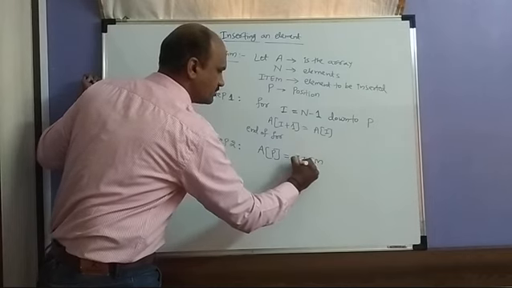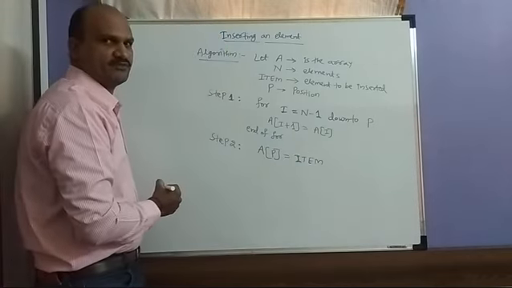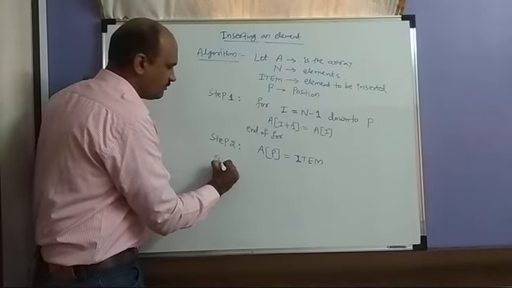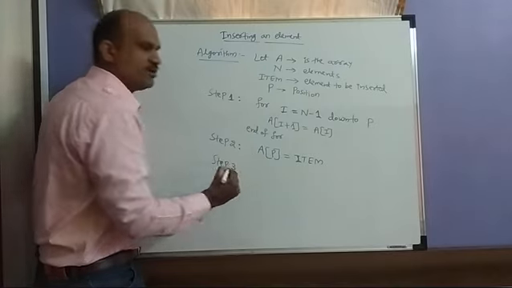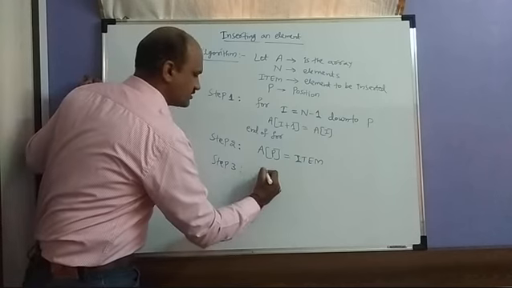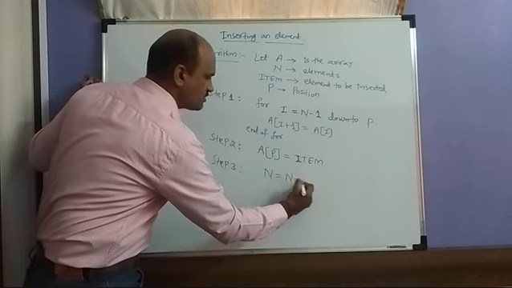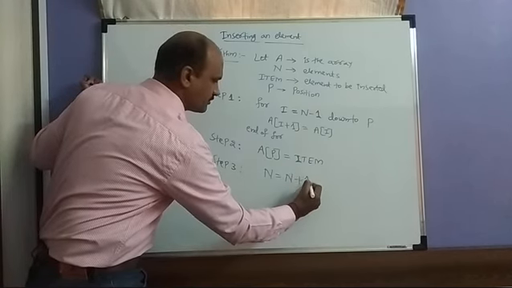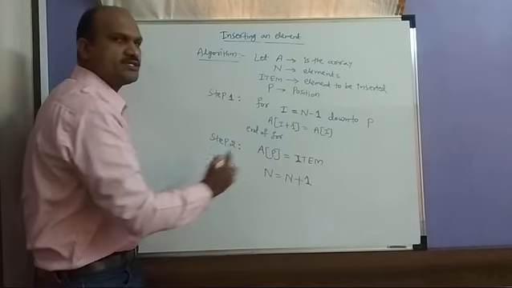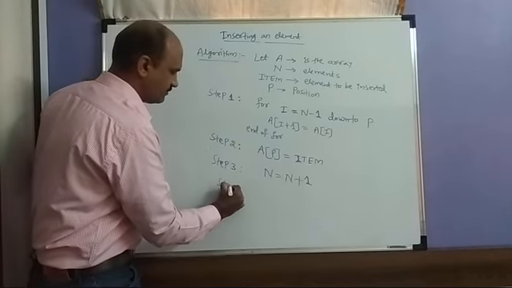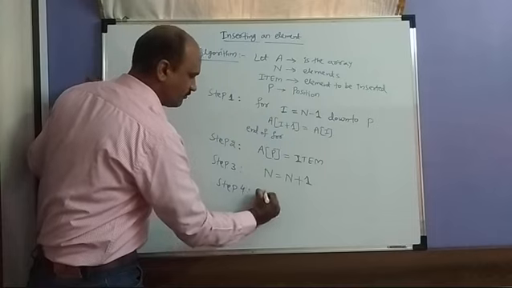At the particular position that item should be inserted. Okay. So step 3, what we have to do, whatever the element you want to insert, n is equal to n plus 1. So n is equal to n plus 1. So next step, very simple, that is step 4, exit.